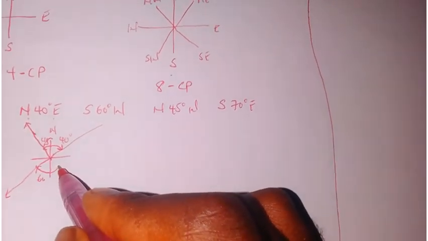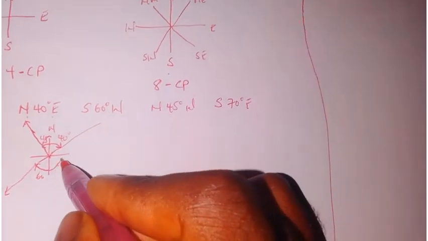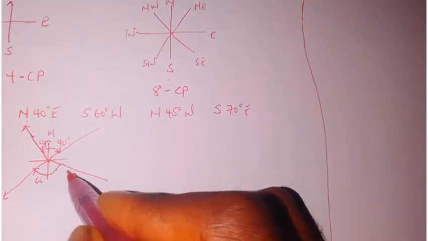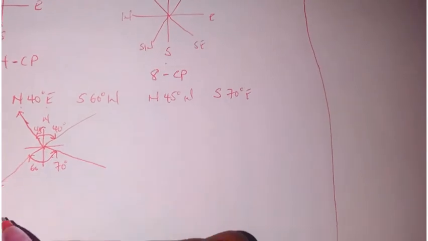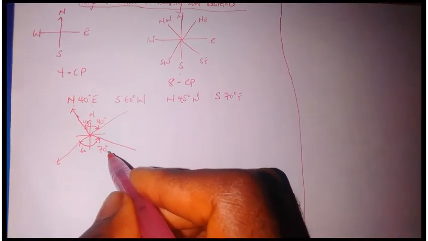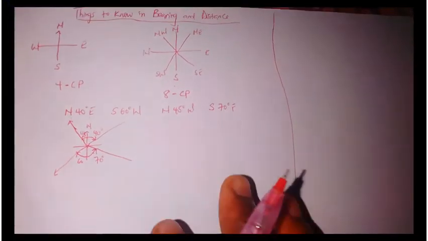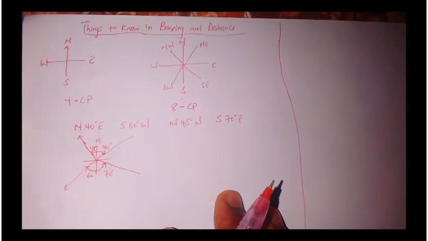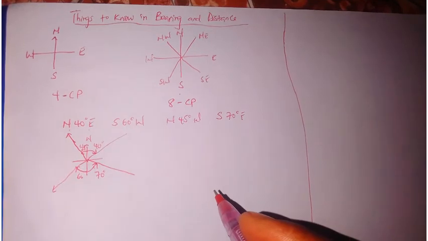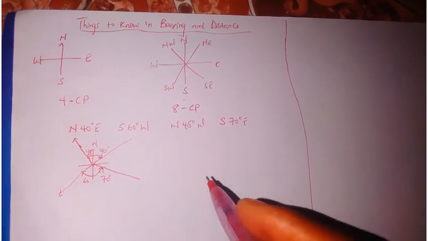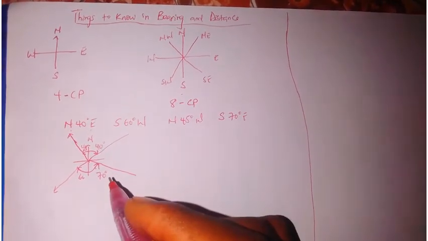Trace it down to east 70 degrees. So this is south 70 degrees east. That's for compass bearing. You must be given the direction which you have to represent using your 4 cardinal points.